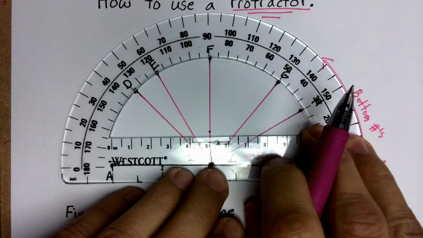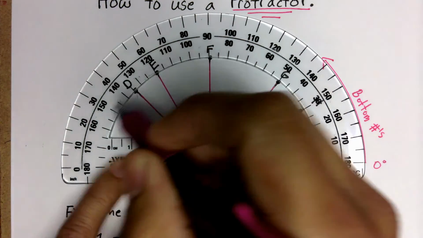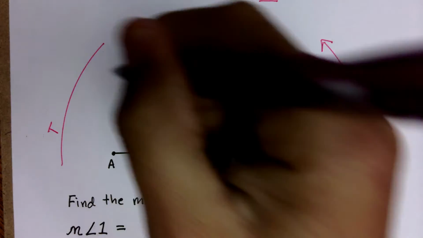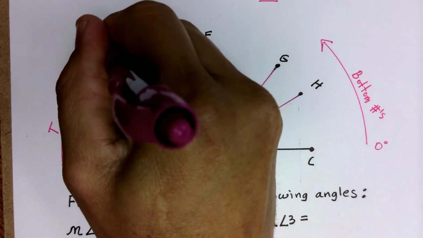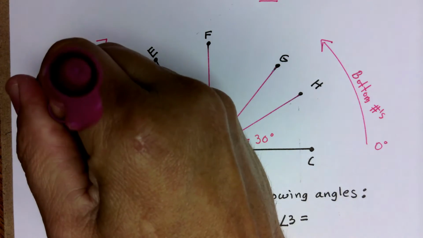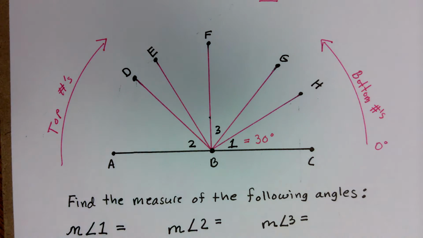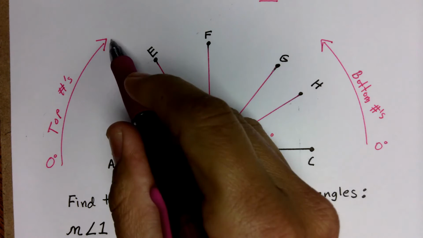Now on the other hand, if you're looking at the angle from left to right, the top numbers are used whenever you're looking at an angle starting from the left going to the right, considering that this is 0 here, right? And then you go over to the right.